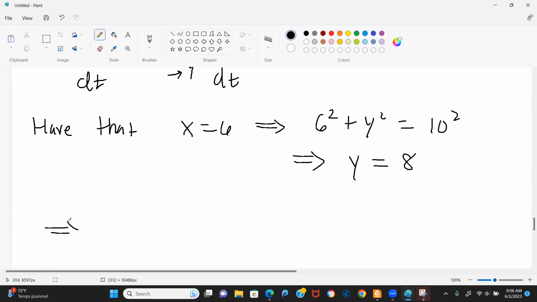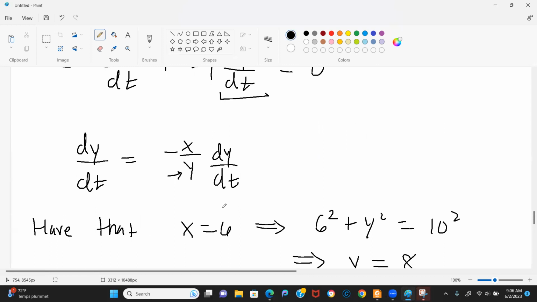So then this implies that dy dt is going to be equal to -6/8, and that's good. Notice we have a negative here. Oh, I'm sorry, I wrote dy on the right hand side.